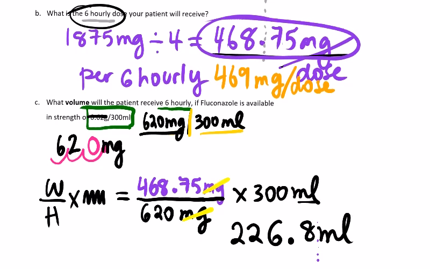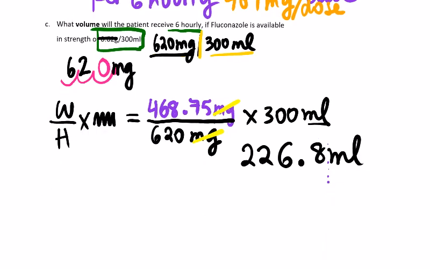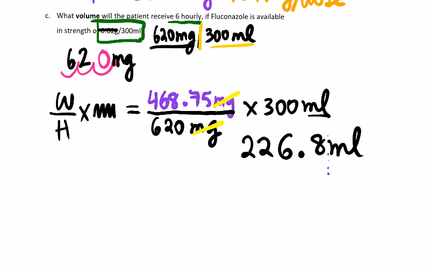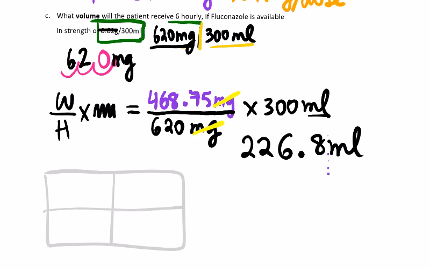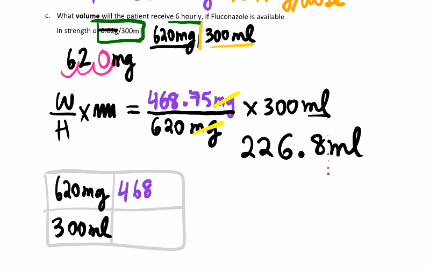For the same question, if you wanted to use the box method, it would be totally fine, of course. Get the half inside, the 620 milligrams already converted in 300 mils, but use that same not rounded quantity of drug the patient requires 6-hourly.